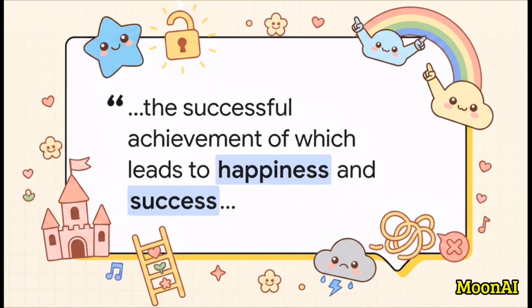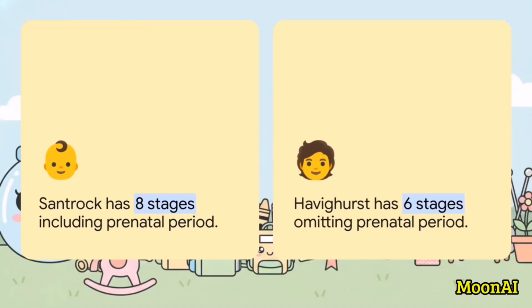So what does that mean in simple terms? Well, basically, if you complete your current stage's tasks, you unlock happiness and make your future a whole lot easier. But if you fail, the next levels become painfully hard, and honestly, society might even give you a pretty tough time about it. Now, it's worth noting that different theorists draw this map a little differently. For instance, if we look at Santrock's theory, he outlines 8 stages.